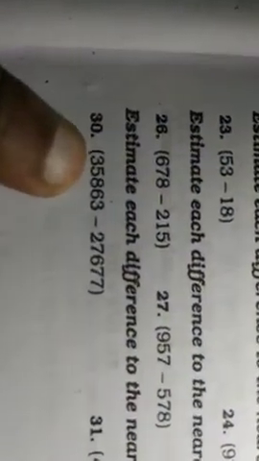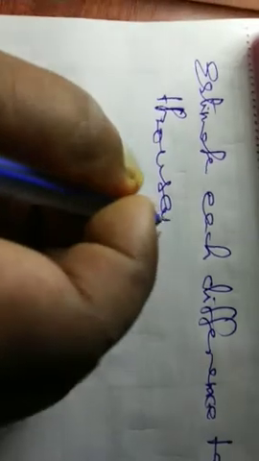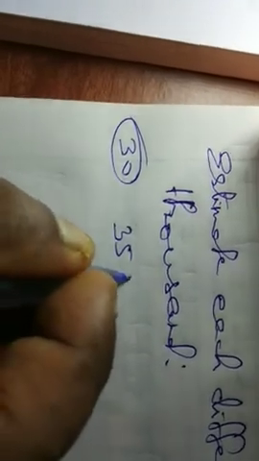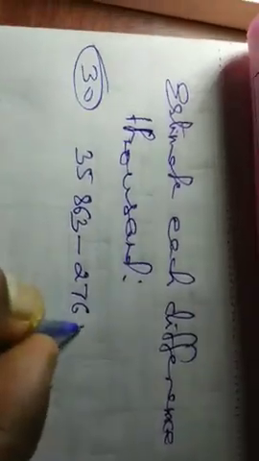Question number 30 is 35,863 minus 27,677. Solution.